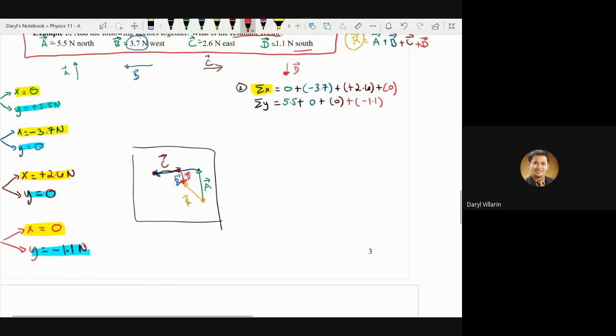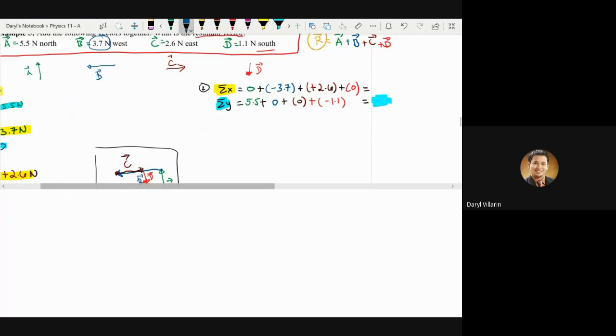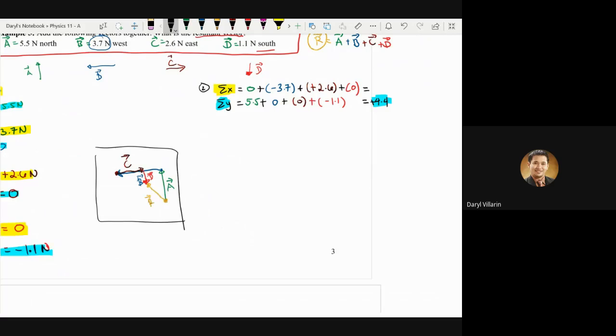So take the algebraic sum for all the X and the Y, and that should give me 4.4. So this is 4.4, and it's positive, and that's a good sign because if you can see here, in the second quadrant Y should be positive, and the X should be negative 1.1.